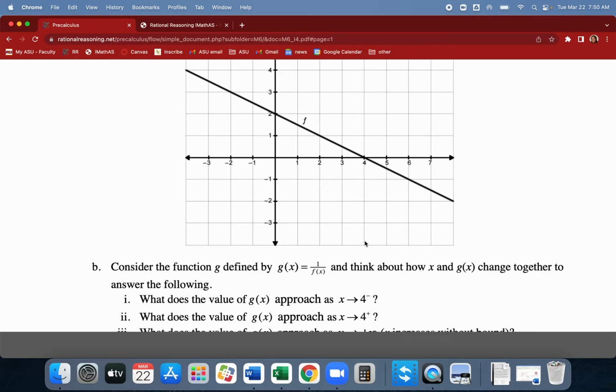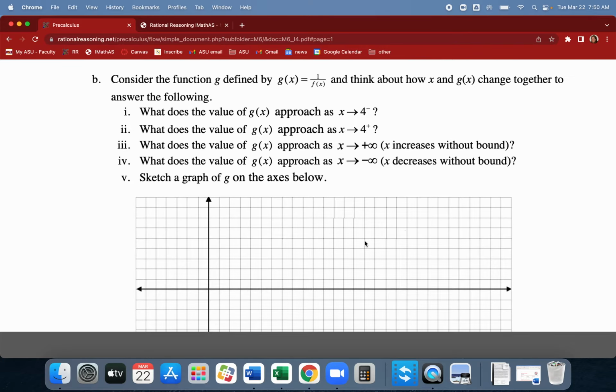So think about some of the questions that are listed here. I'm going to give you a chance to think about these on your own. You have a picture of f of x on your paper in front of you. So think about what happens to the value of g of x as, and remember this notation here, as x approaches 4, and this little minus in the superscript position, x approaches 4, but is slightly less than 4.